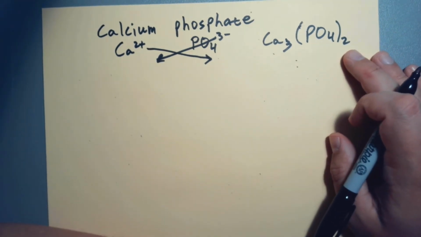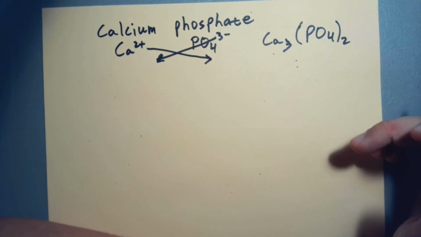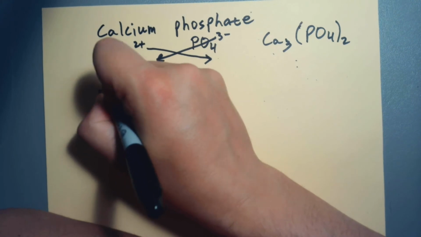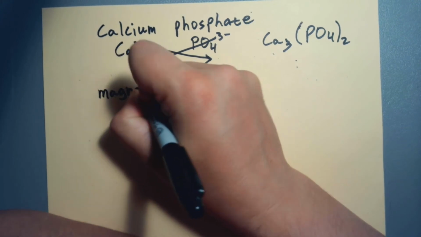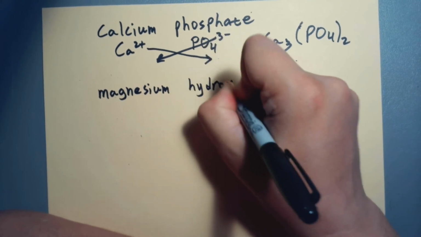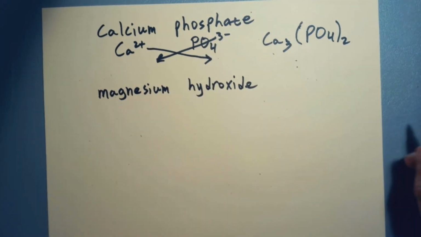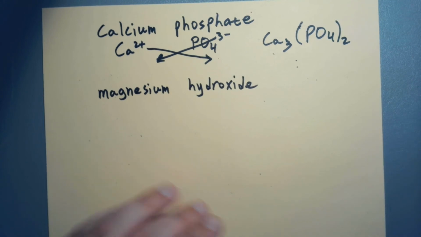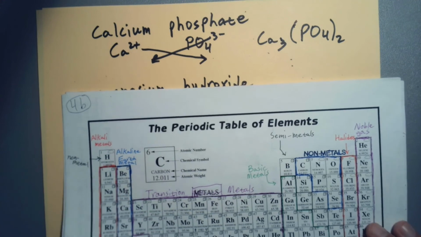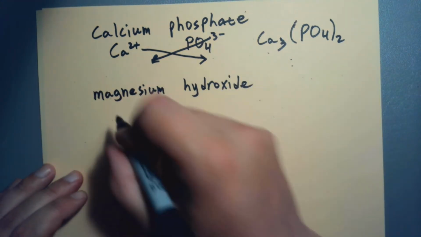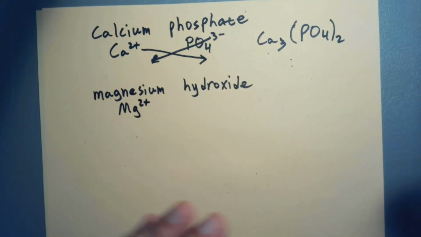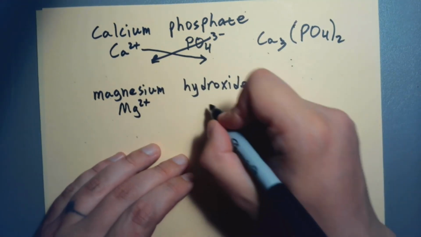Alright, so what about magnesium hydroxide? What's that going to look like? Well, same thing we did before. Magnesium, Mg, and it's a 2+, we get that from our periodic table. It dumps 2 valence electrons.